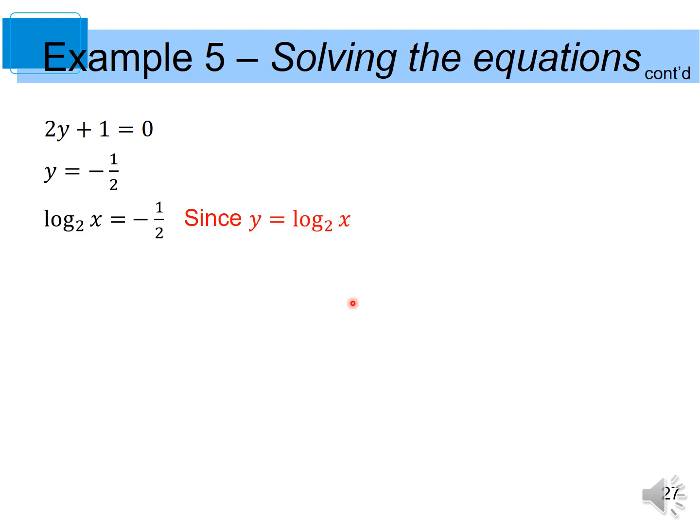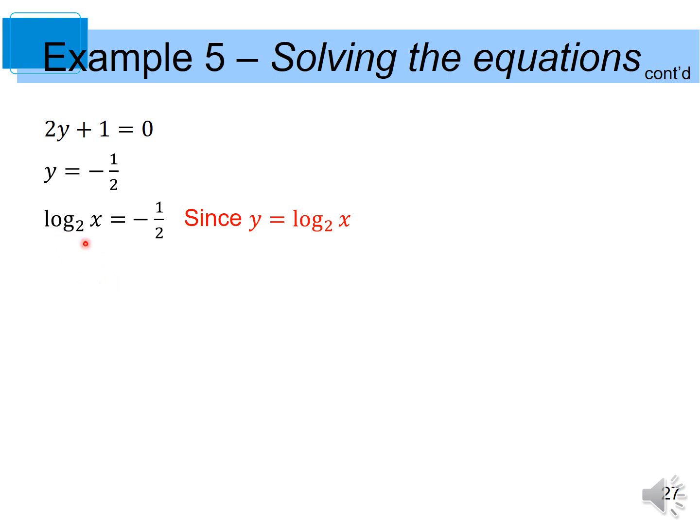And don't forget to change back your y equal to log of x to the base 2, because we are solving for x, not y. Then you can see this equation is actually back to our part A. When we have a log function, we should apply the exponential function to both sides.